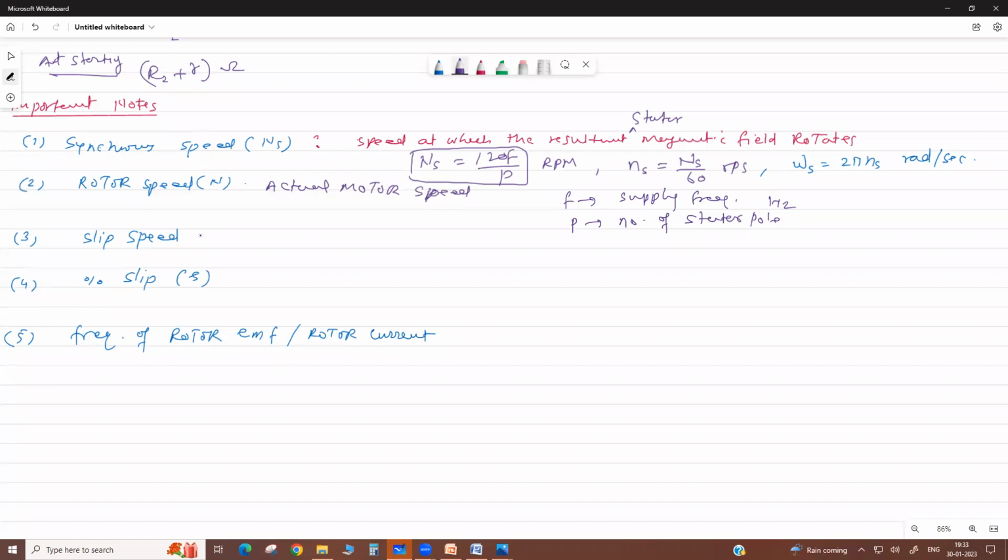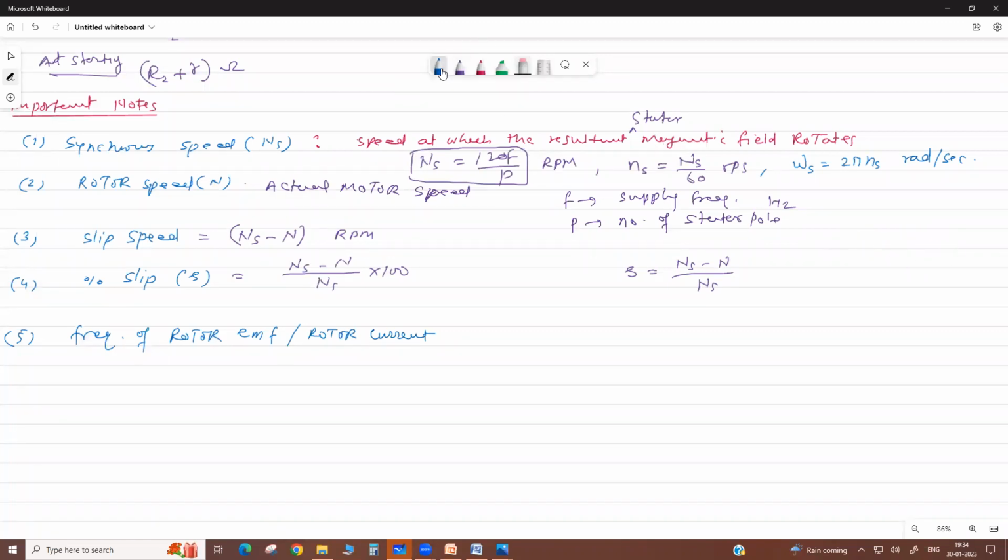Now slip speed. This is the difference between synchronous and actual rotor speed, and its unit is also RPM. Now when we calculate slip, if we represent this difference with respect to synchronous speed, it is called slip. In percentage, you multiply by 100. Or simply slip we can represent as (ns minus n) by ns. We can also calculate slip using omega, because it is a ratio; the same value will come.